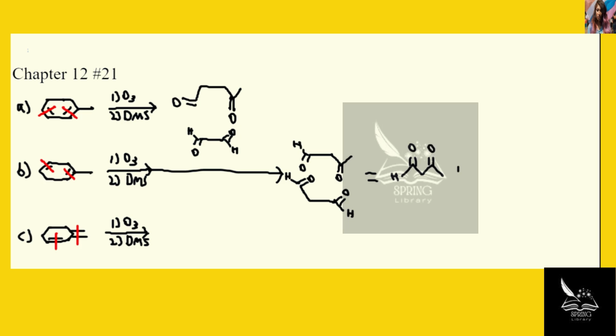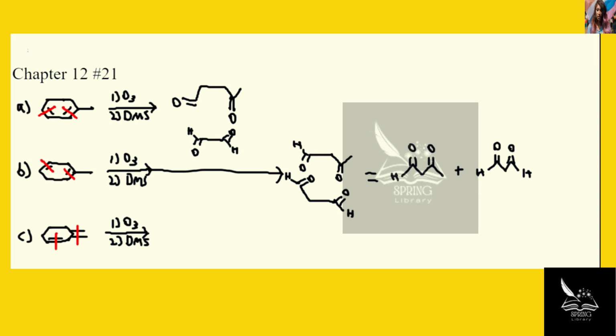So here's our first piece, and here's our second piece. So that's the answer to B, just redrawn. We could redraw A the same way, but I don't really think it's necessary.